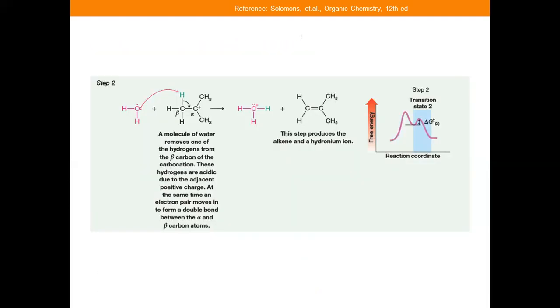So just correct that in the chapter 6 slides, because that's what the 11th edition of the Solomons textbook has shown. In reality, there are only two curves. This is your initial reactant, transition state, product. The product of the first step becomes the reactant of the second step, then transition state and the final product.